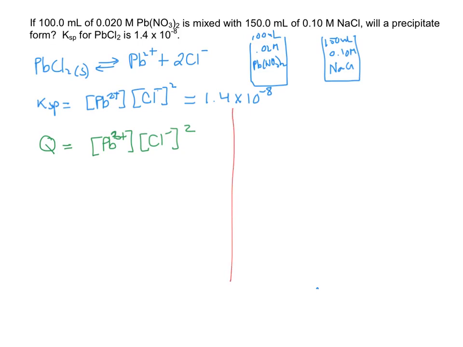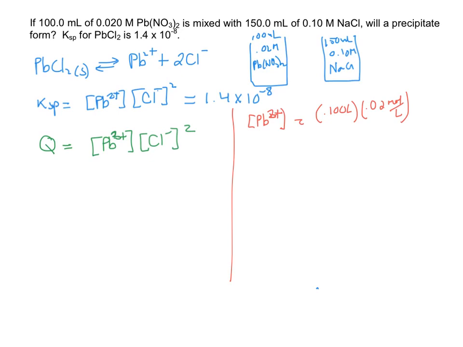So let's start with the Pb2+. So the Pb2+ concentration, I have 100 mL, so 0.100 liters, and it's 0.02 molar, so 0.02 moles per liter.